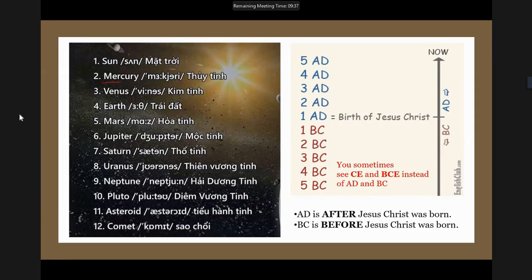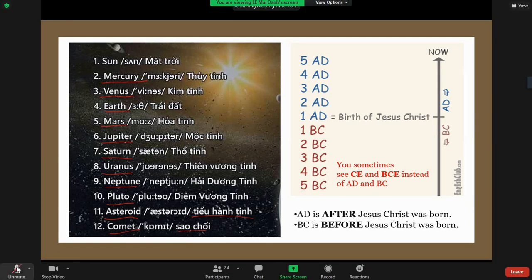Firstly, these are the names of the planets around in the solar system. You already remember them from the last lesson. Here is the asteroid, tiểu hành tinh, comet, Saturn.